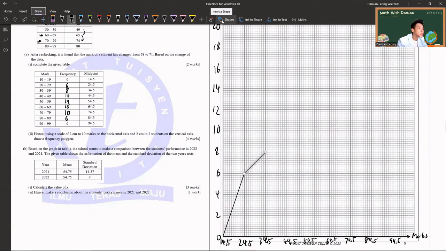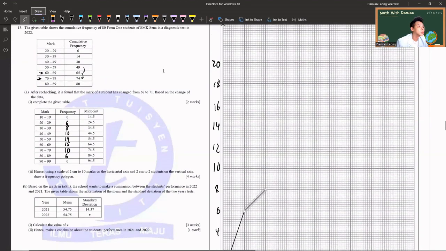Then to 16. After 16, 19, right in between the 18 and 20.